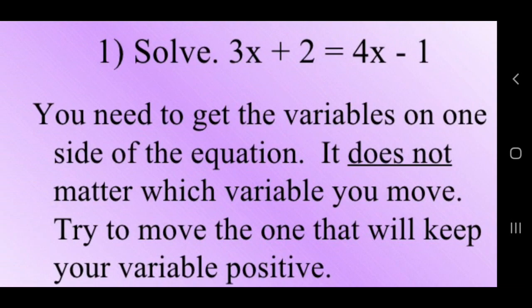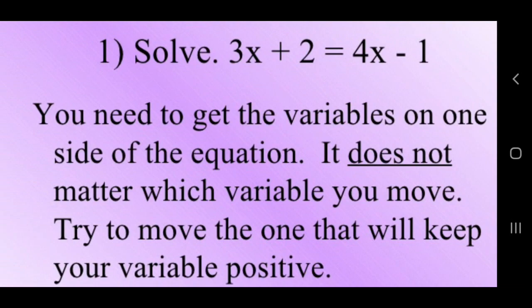You can see the 3x has an x, and one more x in the RHS, that is 4x. That means this is an equation with variable on both sides.